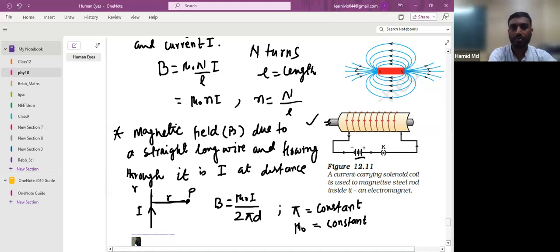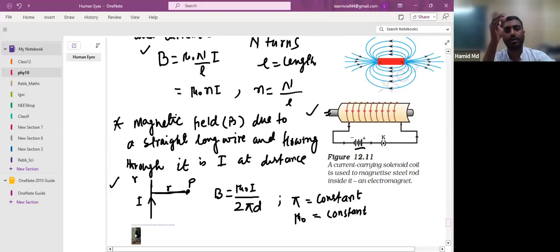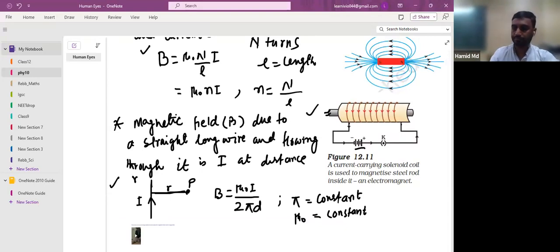So this was the magnetic field due to a solenoid, and this is the magnetic field for a straight wire. Now it's time to see it for a circular wire at the center. Will you first note it down? Kindly note it down.